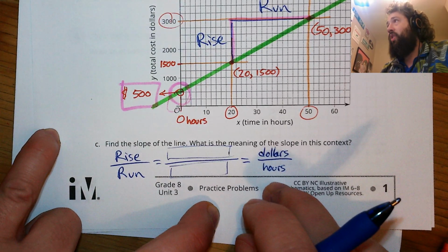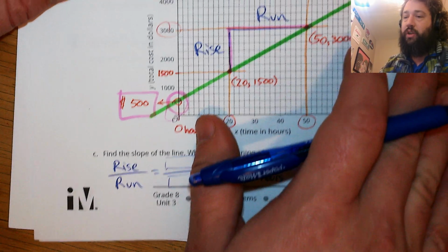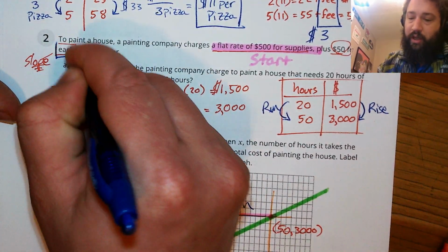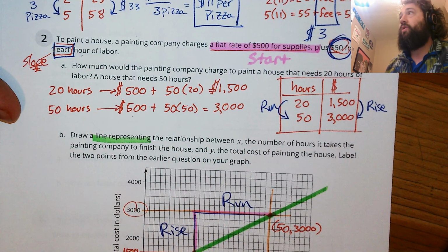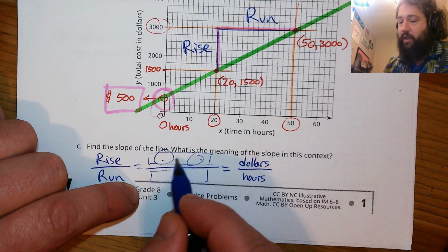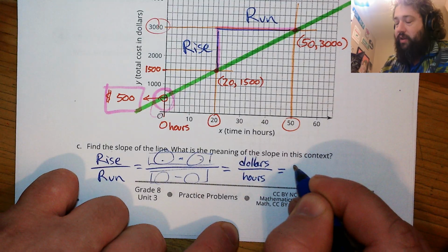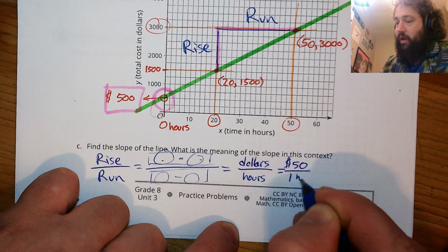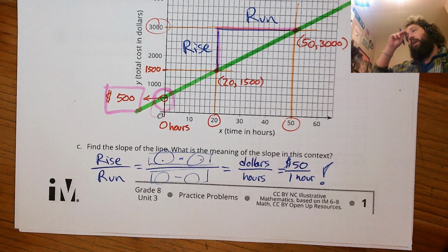And actually, we know what the answer should be based off of just the question up here because we were tipped off by this word each. So I have $50 for each hour of labor. So when you calculate this and show your work of your two things getting subtracted and your two things getting subtracted, you should get an answer that is $50 per 1 hour. Okay, so that's $50 per hour.